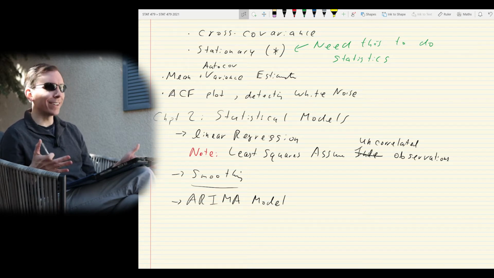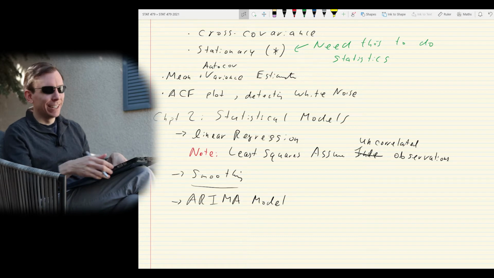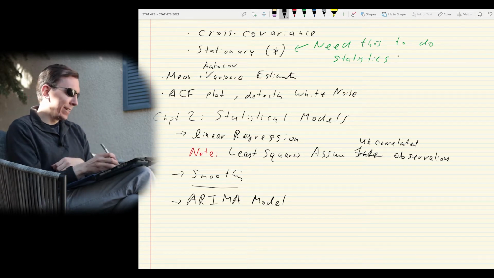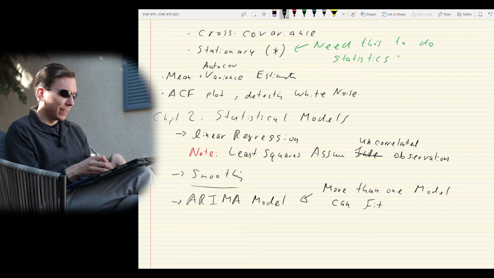We put it all together and we introduced the ARIMA model and we discussed all of the different aspects of this. One of the key things to remember is that basically more than one model can fit your data.